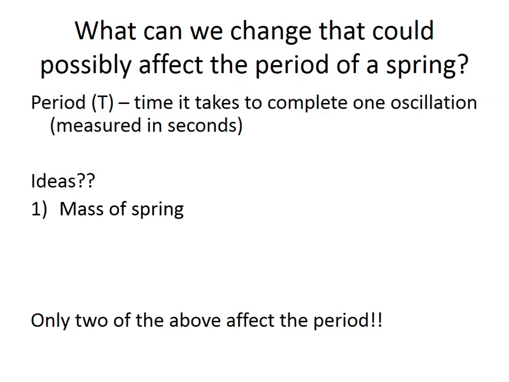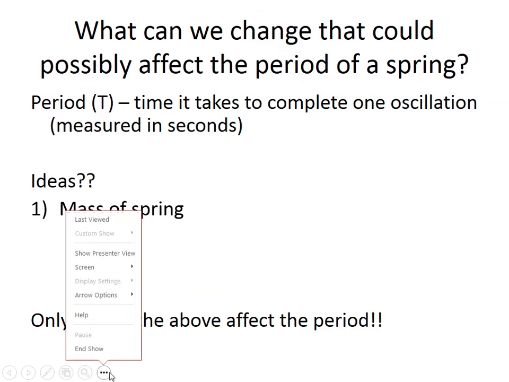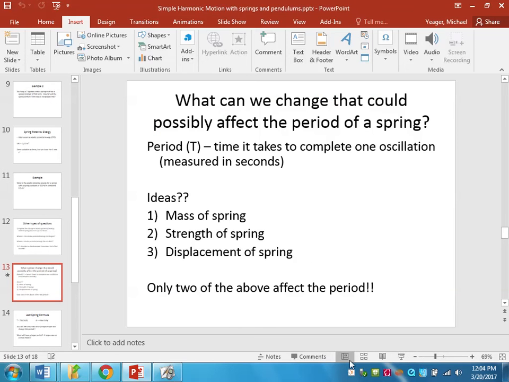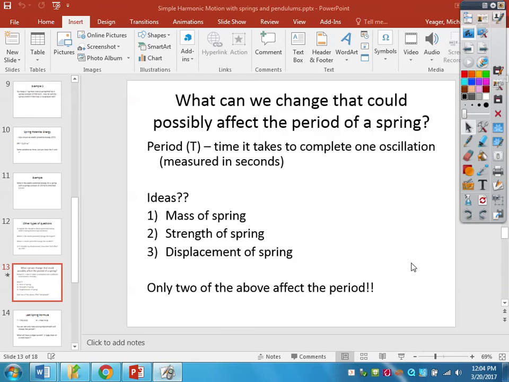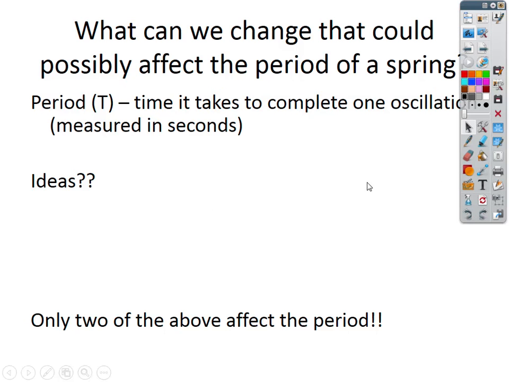What's something you could try to alter about that particular spring? One is the mass. I want to make sure this is clear. It says mass of spring, but I should have that as mass on the spring, the mass at the end of the spring. It's a little misleading, and I don't want you to get confused. What mass do you have at the end of it?